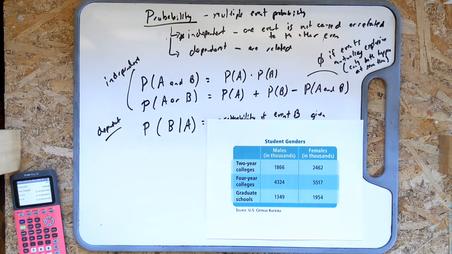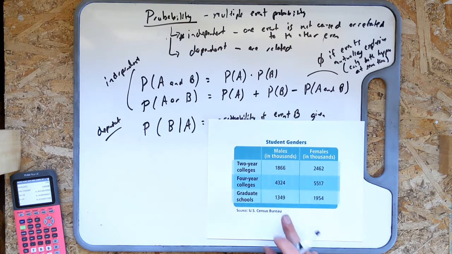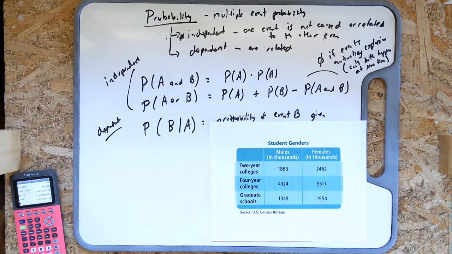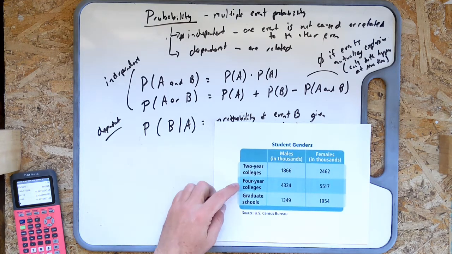By the way, one thing you'll notice in here, which is very factually correct, this is real data. Well, I think it's from like 10 years ago. There are way more women in upper level education than there are men by a long ways at all levels: 2-year colleges, 4-year colleges, and graduate schools. Okay, so anyway, there's my table.